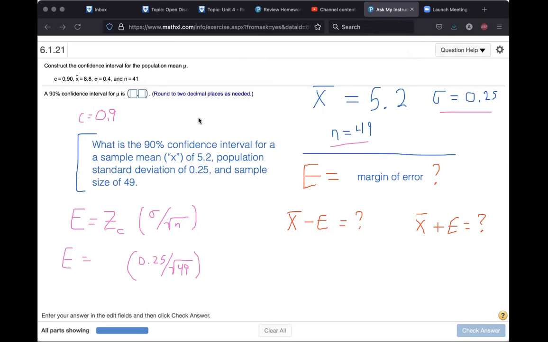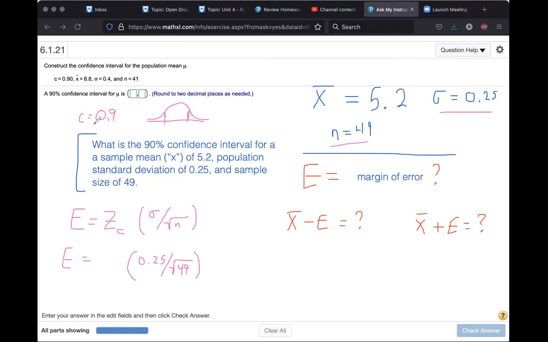What you do is you say 1/2 times 1 minus C. Let's step back. The confidence interval, we're associating this with the normal distribution. And a confidence interval is always two-sided, an upper bound and a lower bound.